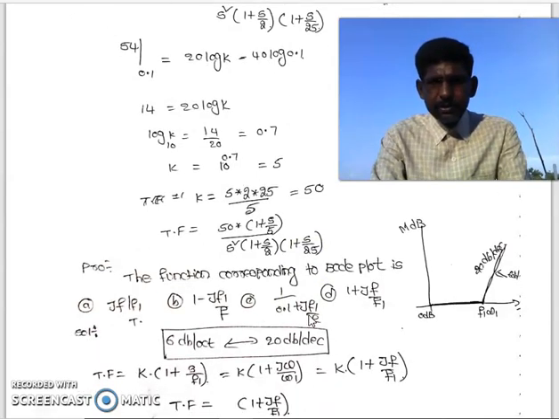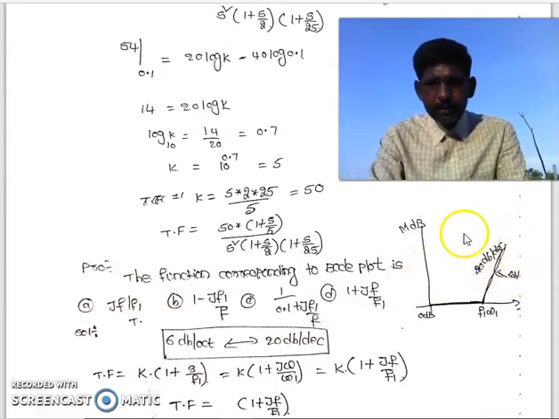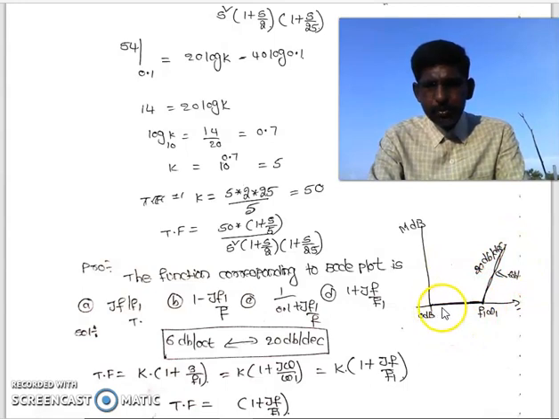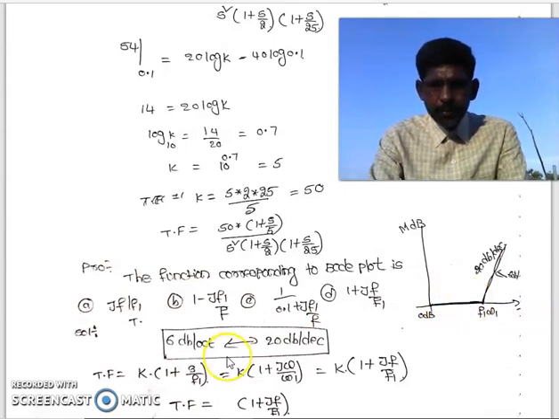This is the Bode plot. For this Bode plot, find the transfer function. To find the transfer function, what is the initial slope? Initial slope is 0. So there are no poles or zeros at the origin.